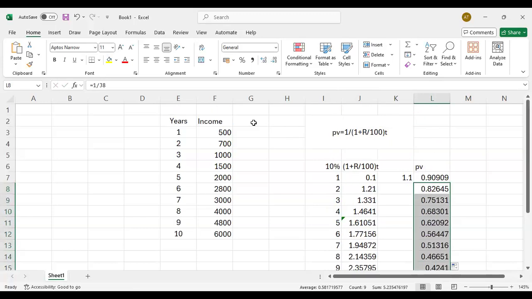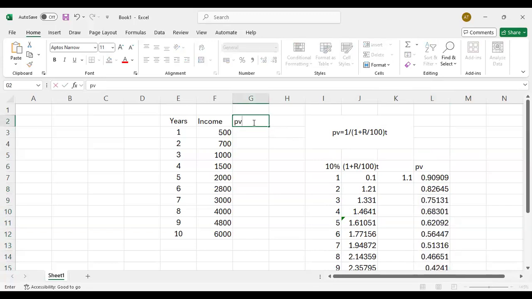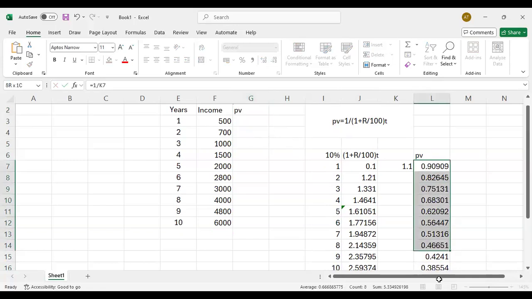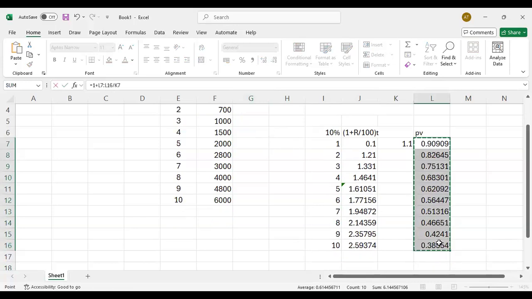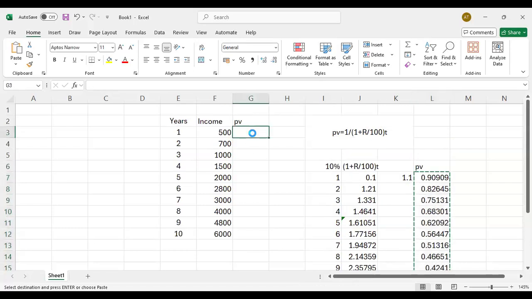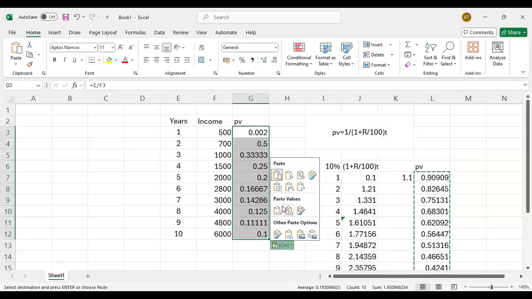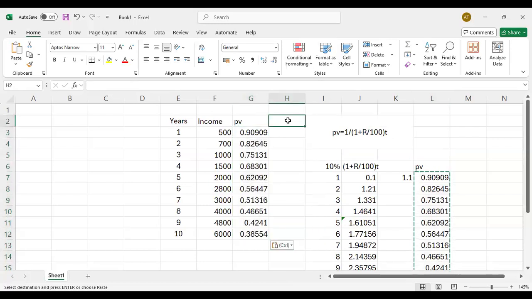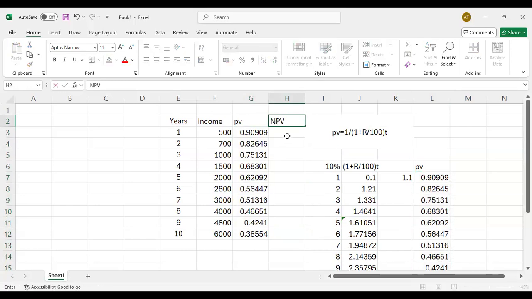Now I have income. I will add PV value. I'll just copy paste these values. Then I get NPV. So how do I get it?